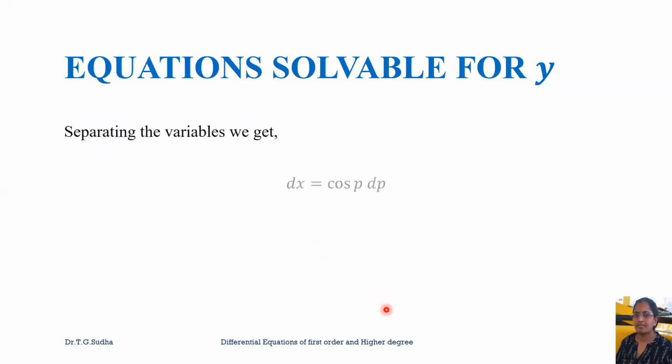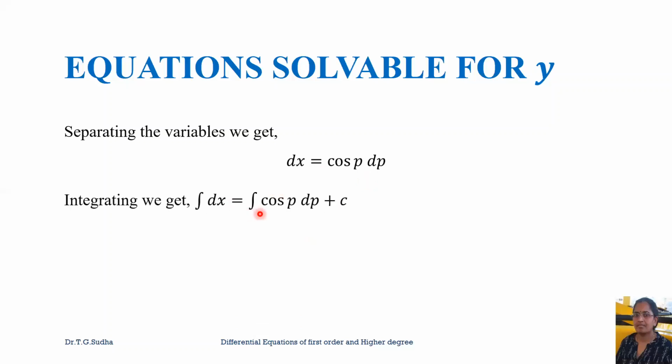On separating the variables, we get dx is equal to cos p dp. Now let us integrate to obtain the solution. We get integral dx equal to integral cos p dp plus c, where c is the constant of integration. Integrating dx we get x, integrating cos p we get sin p plus c. So this is the value of x.